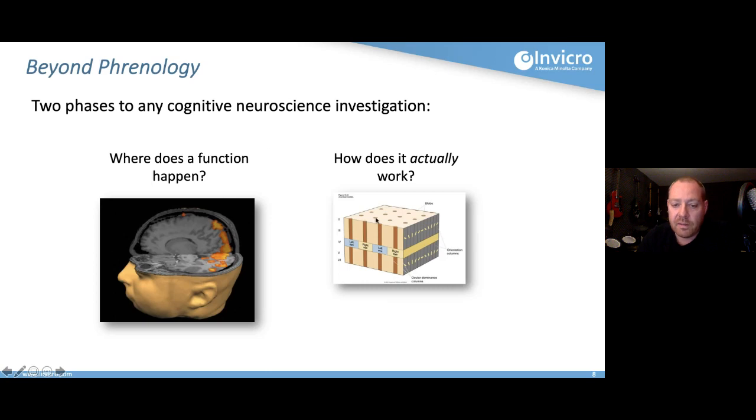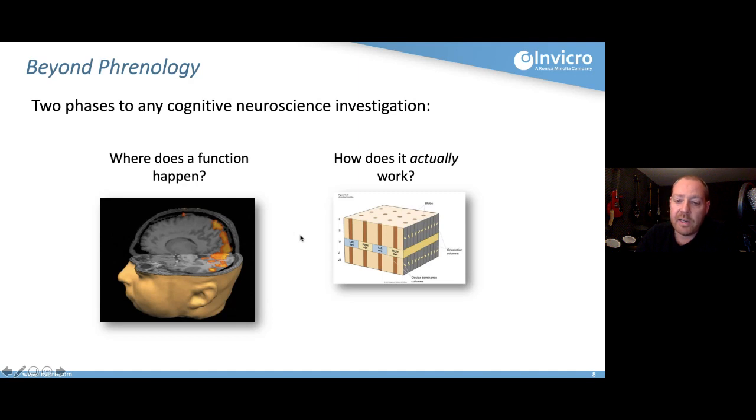So this is a diagram of a bit of the visual cortex, where you have columns within the cortex, which are sensitive to different orientations of lines. And these columns are maybe 1 or a couple of millimeters across. So very, very tiny, very, very hard to resolve.